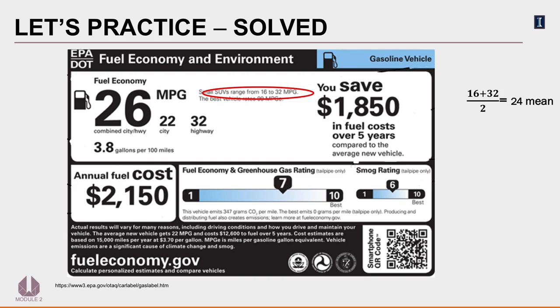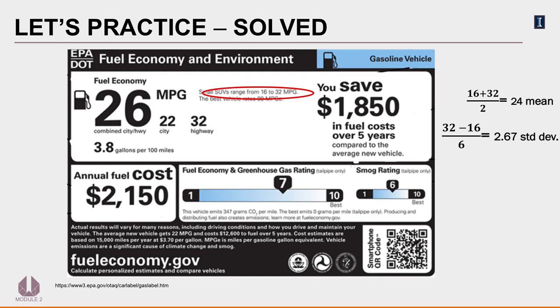Thus, a rough estimate for the standard deviation is the distance between 32 and 16 divided by 6. Remember, we have 3 standard deviations on both sides of the mean for a total of 6. Using this, we get a standard deviation of 2.67 miles per gallon.